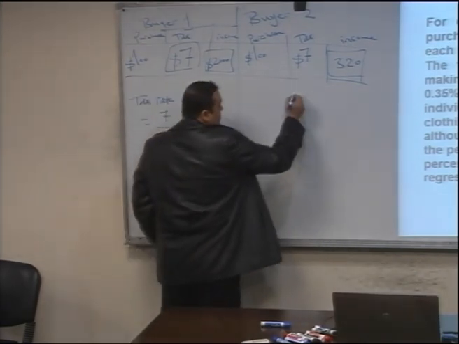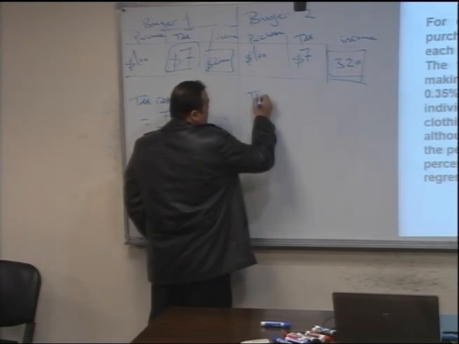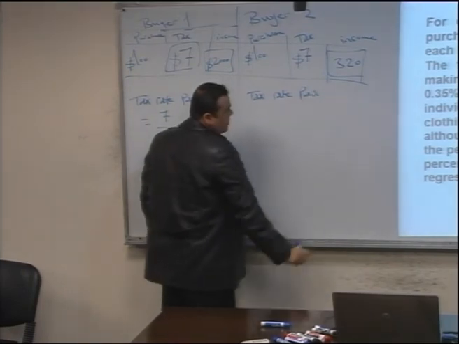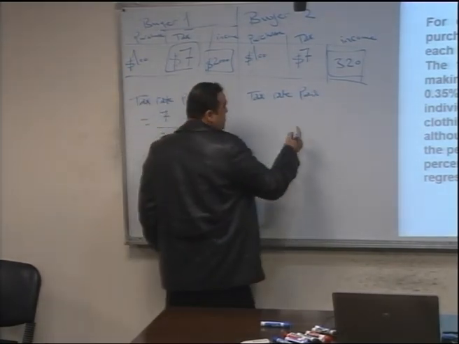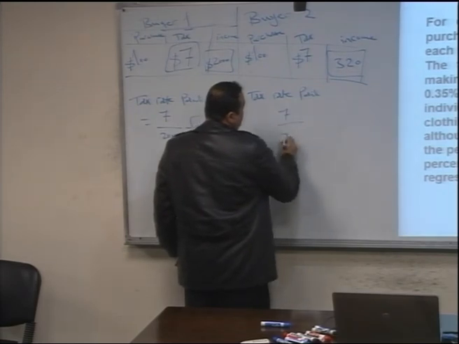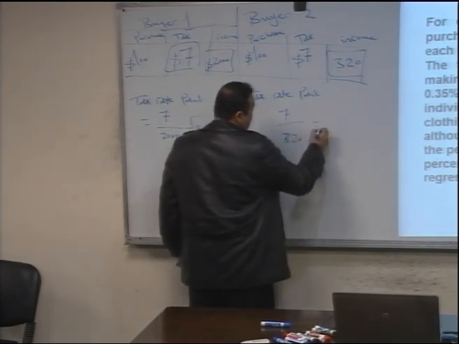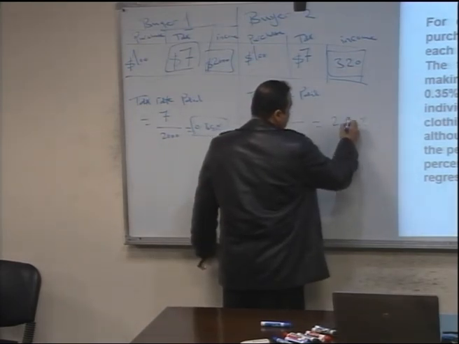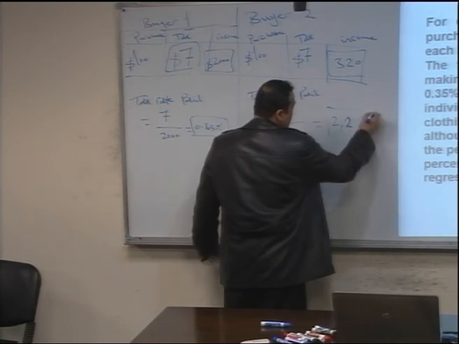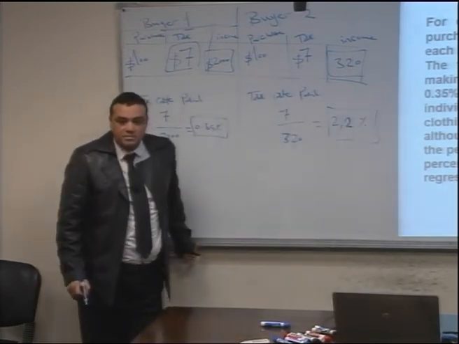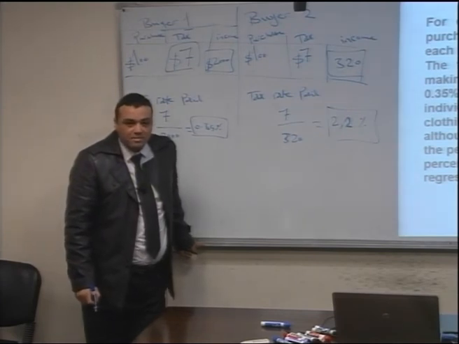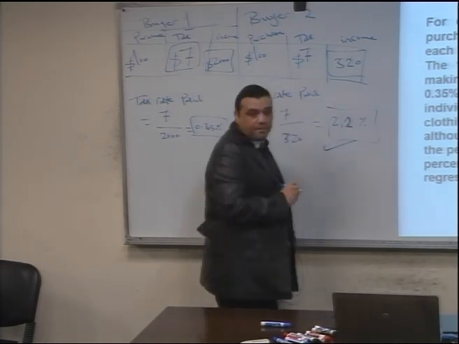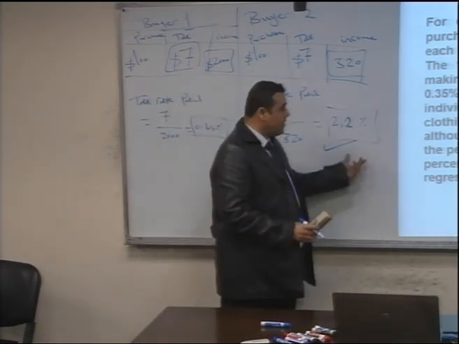So the tax paid or tax rate paid here, the value is income, meaning this is paid from his income. 7 over $320 equals how much? 2.2% of his income. This one. Who paid more, relatively? This one. Yes. Of course this one.